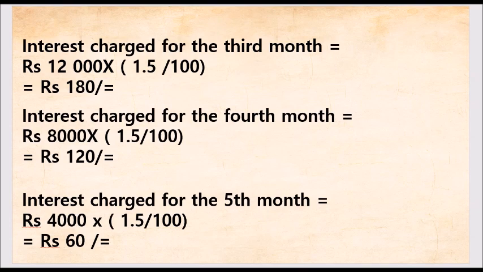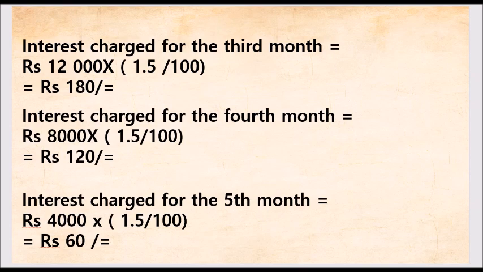As in previous parts, calculating the interest for 8,000 rupees, the answer is 120 rupees. Finally, the interest charge for the fifth month. At the end of the fourth month, it's reduced to 4,000 rupees because 8,000 minus 4,000 is 4,000. Calculating the interest for the 4,000 rupees, the interest is 60 rupees.